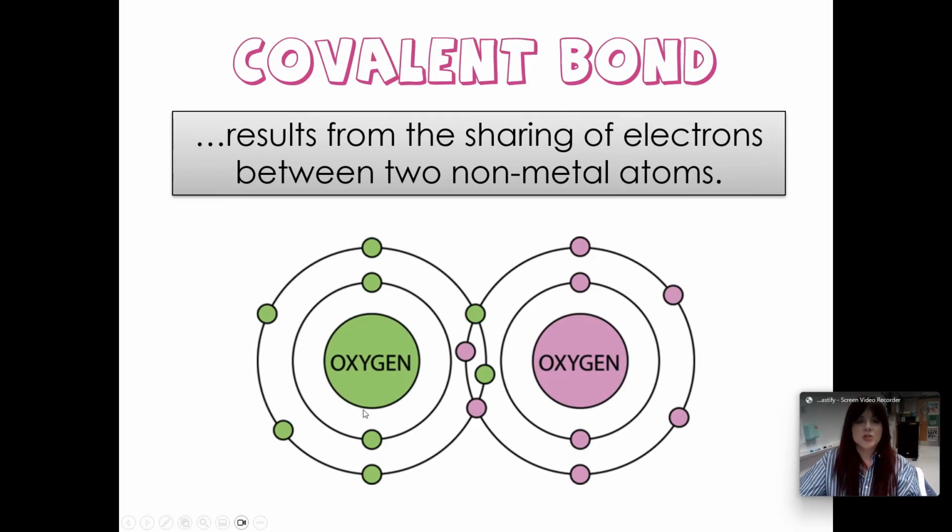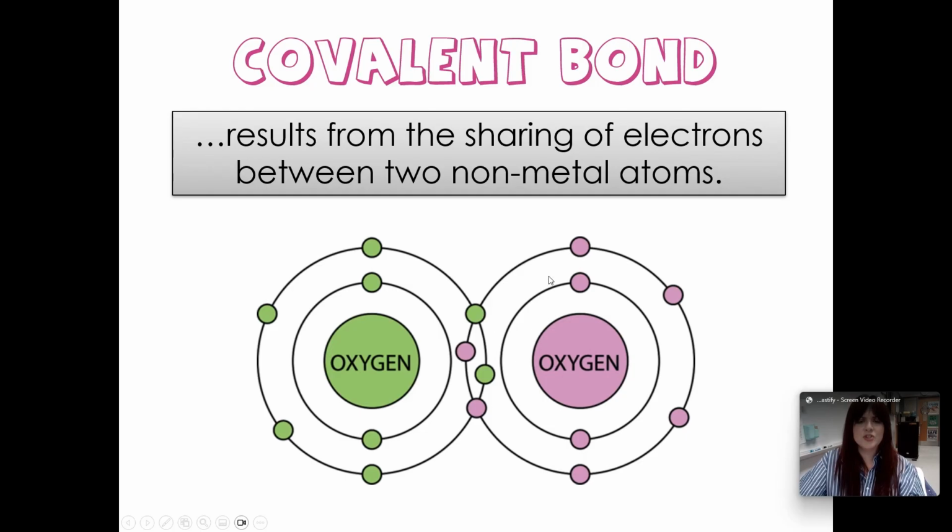outermost shell. So with this oxygen here on the left, it looks like in its outer shell it has 1, 2, 3, 4, 5, 6. And this oxygen on the right also has 6 electrons in its outermost shell. Each oxygen wants to get to 8 in order to be stable. So what they'll do is they'll share 4 electrons between them.